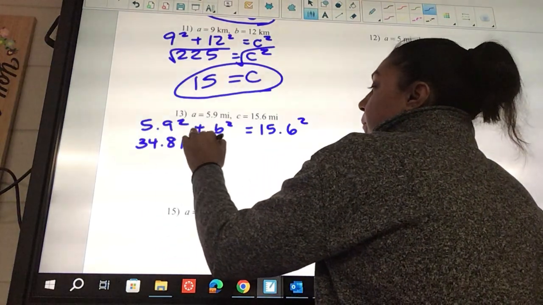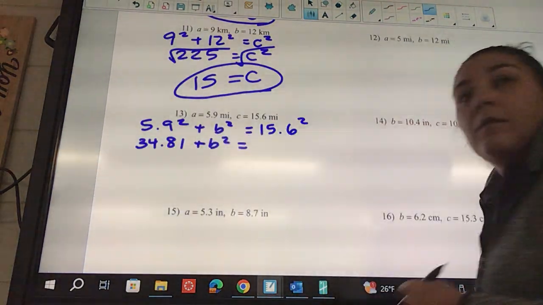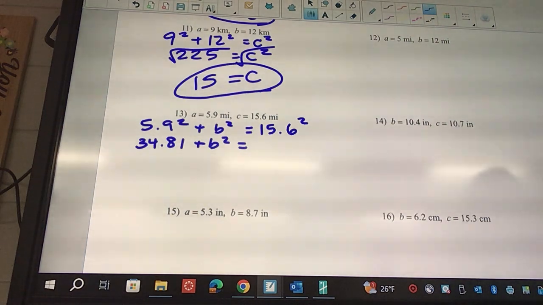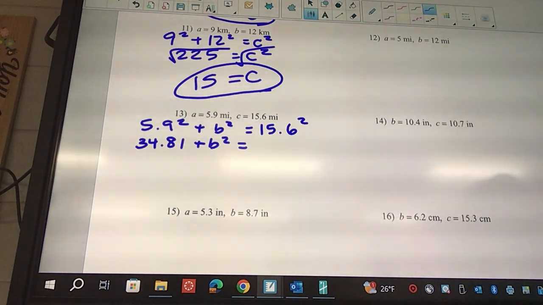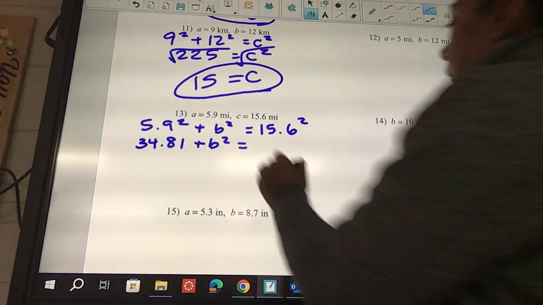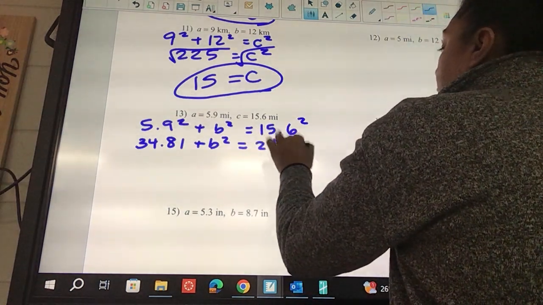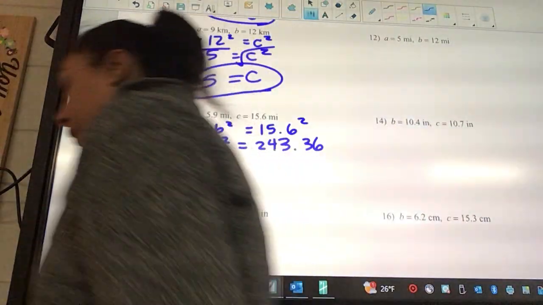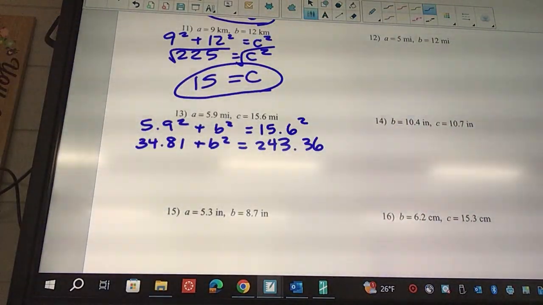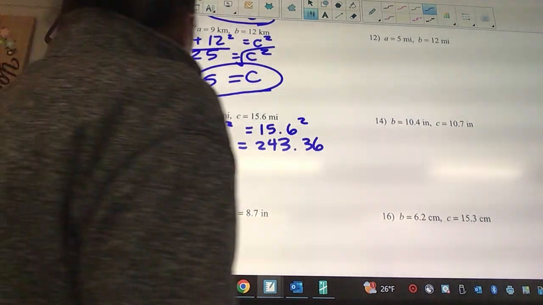Somebody agree? Okay, 15.6 squared. 243.36? Okay. Then what needs done? Minus, is it 34.81? Okay.